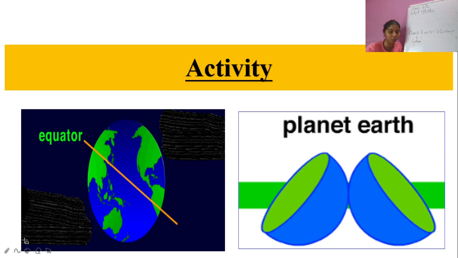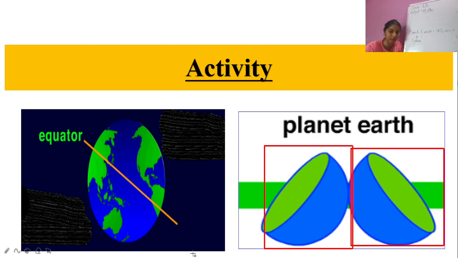Do you see these pieces? What kind of shape is it? Is it a two-dimensional shape or three-dimensional shape? No, it is not two-dimensional, but it is a three-dimensional shape.